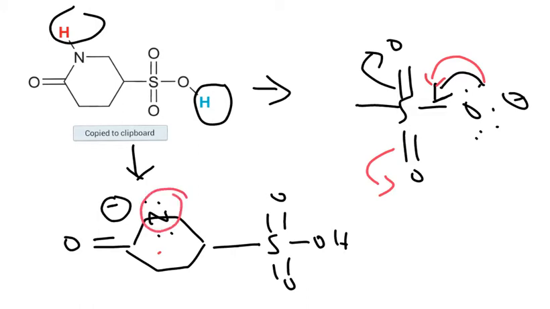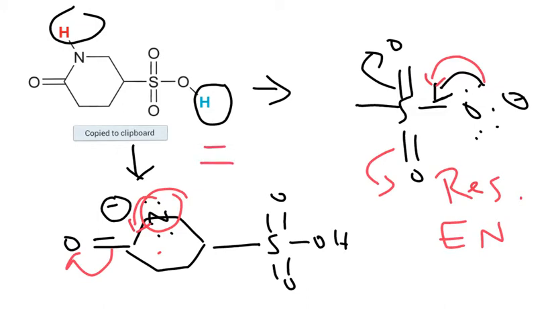With nitrogen, I can only do one resonance form, and that would be to go from here to here and then break the pi bond in the carbonyl. So this has more resonance, and oxygen is more electronegative. So when you compare the two, this proton here, the blue proton, is more acidic because you can do multiple resonance forms, and the oxygen is more electronegative than nitrogen.